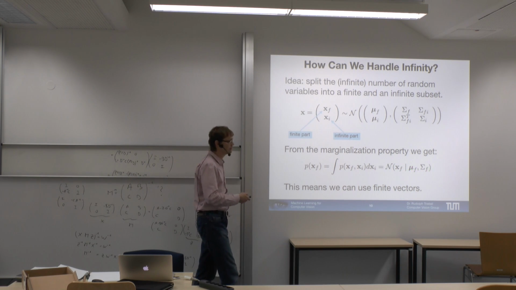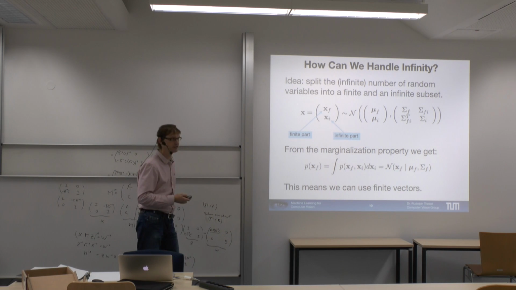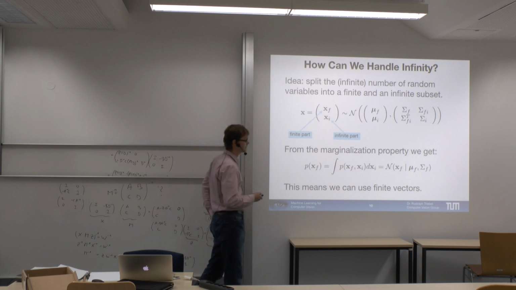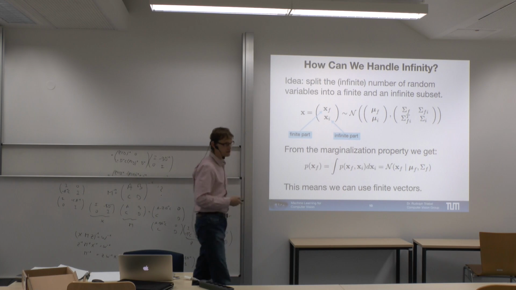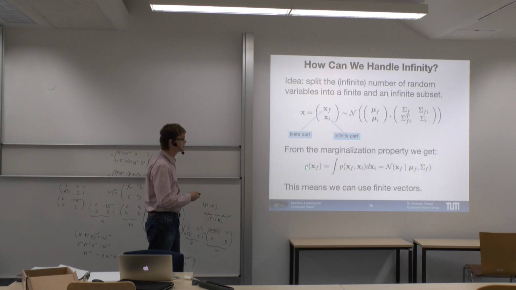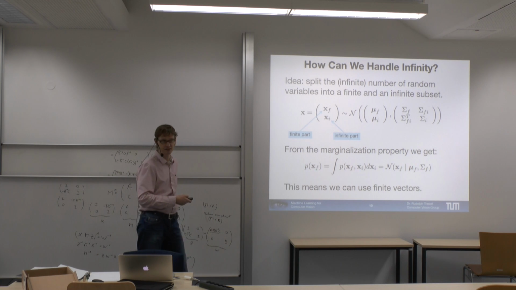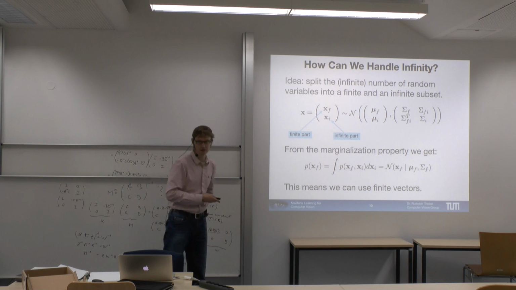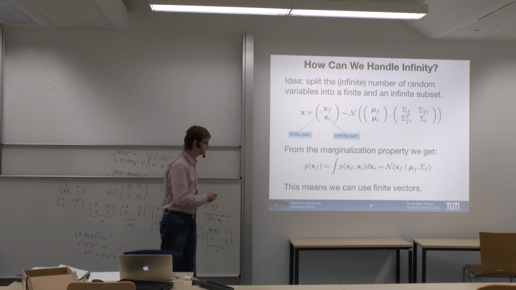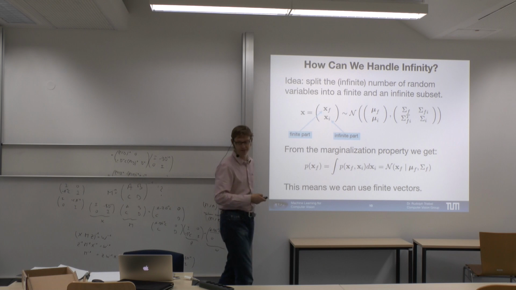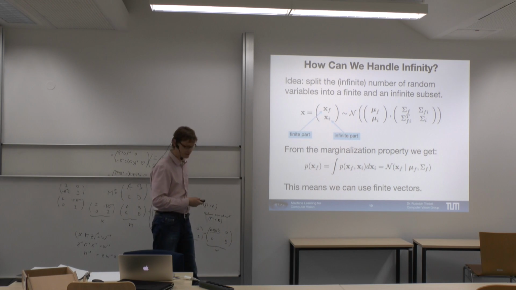So we have the finite mu and the finite sigma. We don't have to worry about the infinite parts of the Gaussian process. Another way of saying this: if you ask finite questions, you get finite answers. That's the nice thing about it. Only for that reason can we deal with finite and infinite dimensional features or vectors.